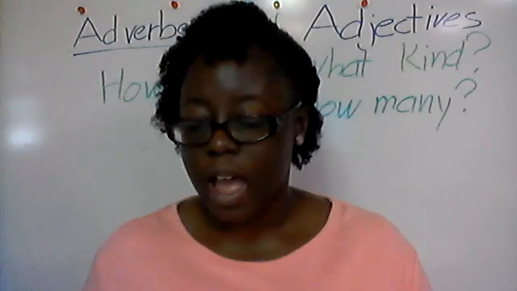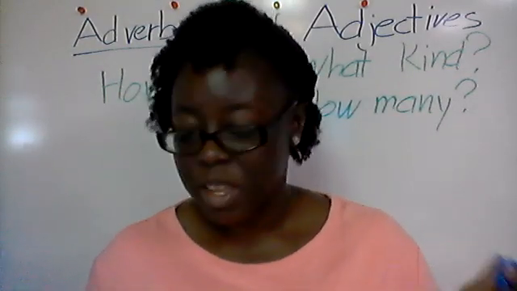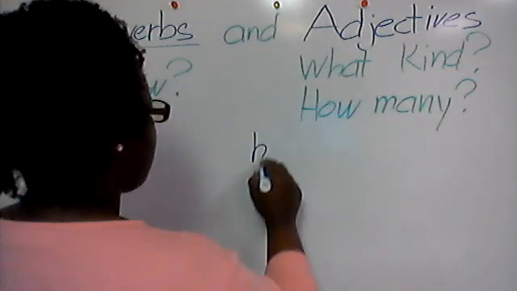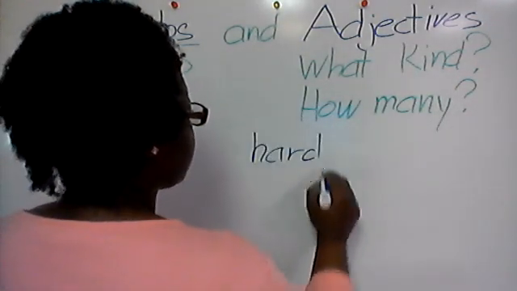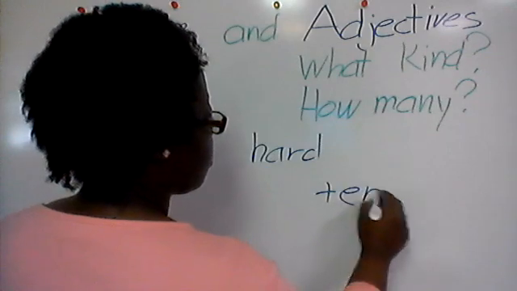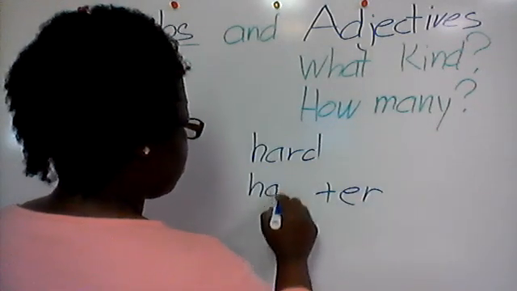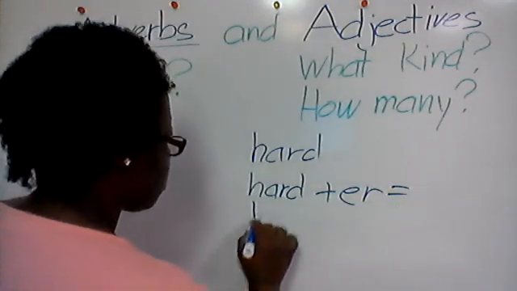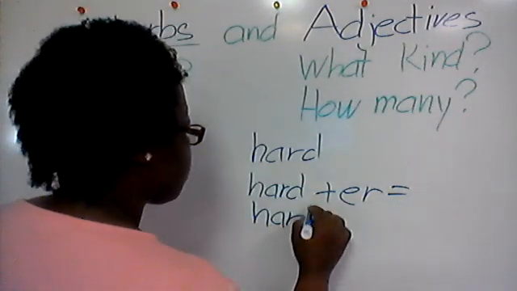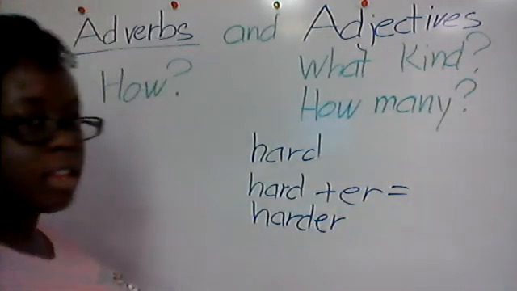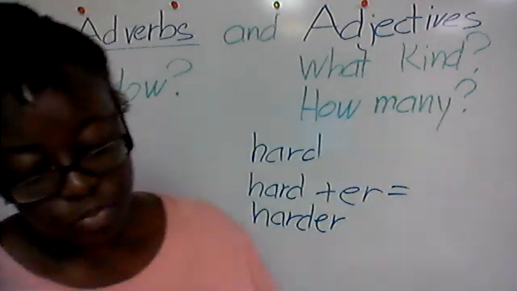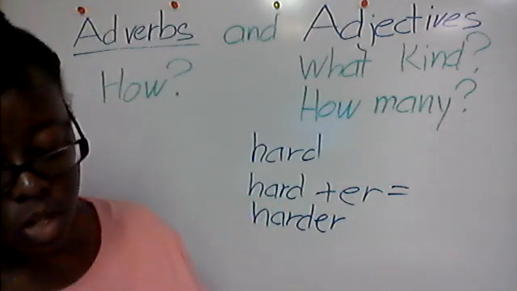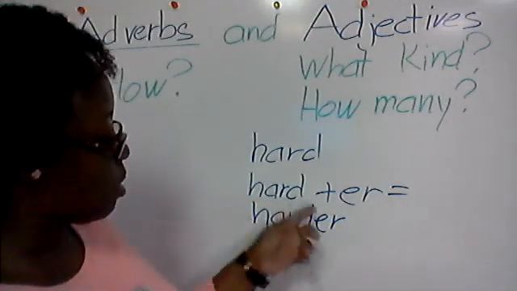You can choose any adverb that you want. I chose hard. And then the second blank is plus er. So it would be hard plus the suffix er, which equals harder. So our sentence would now read, Jan worked so hard, but Ben worked harder. Hard plus er is harder.